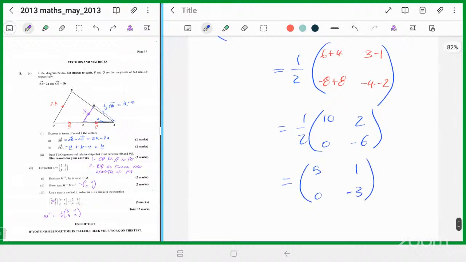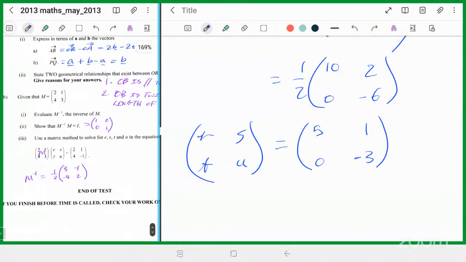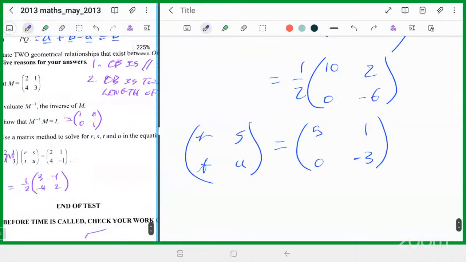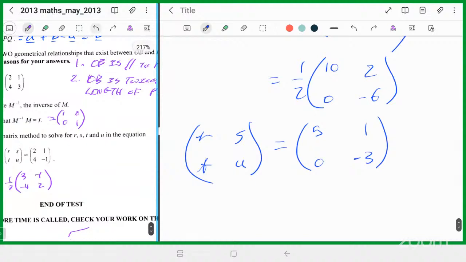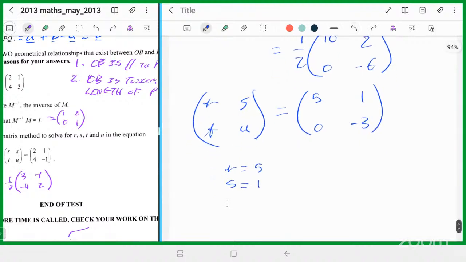That matrix R is equal to that, and that is the answer. So R is 5, S is 1, and U is 0.